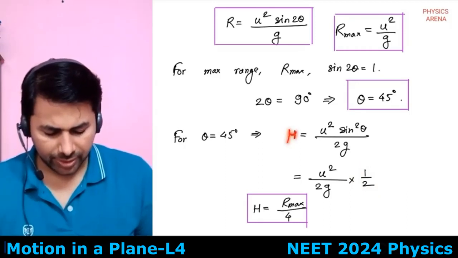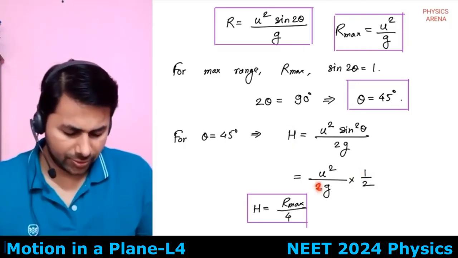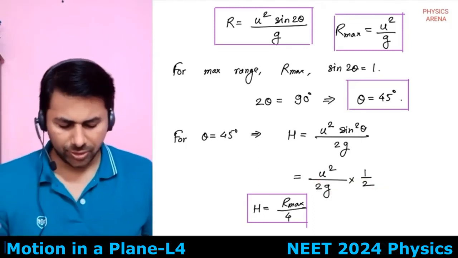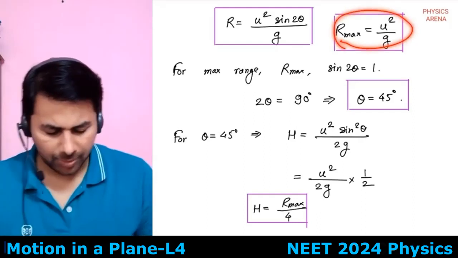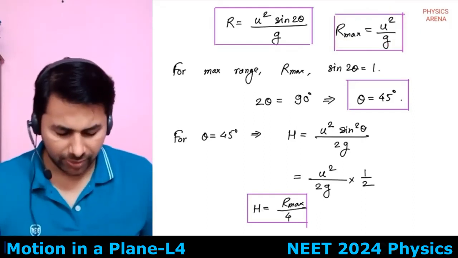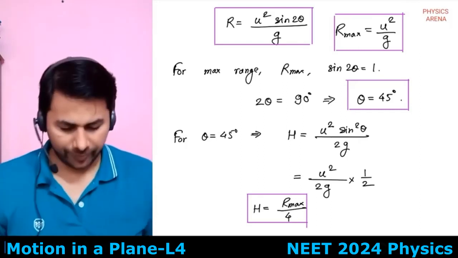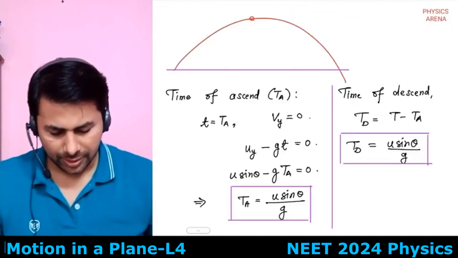So you get h is equal to u square upon 4g, right? This is 2g and this 2. So R max is equal to u square upon g, and h is equal to u square upon 4g. That means h is equal to R max divided by 4.